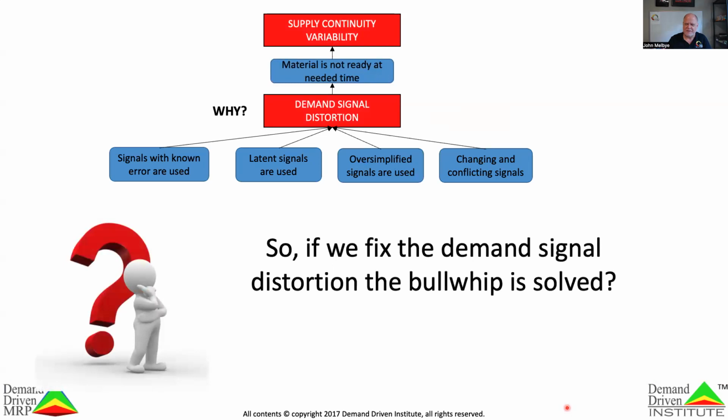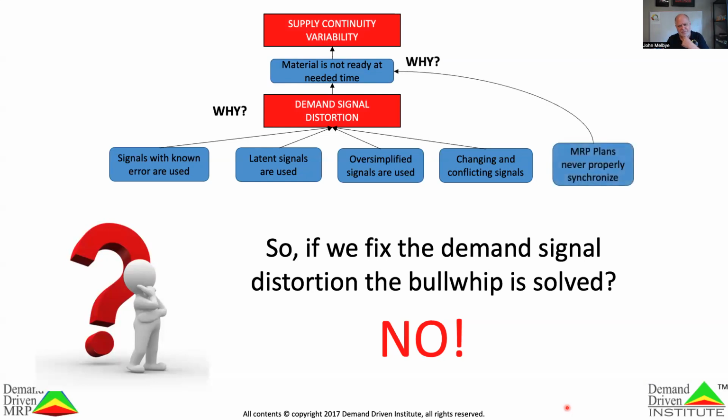So if we fix the demand signal distortion, have we solved the bullwhip? No, we have not, because we still have that supply variability to deal with. And MRP plans will never properly synchronize because we're expecting everything to happen exactly as the plan says. And the longer the time period we have, we know that precise planning is not going to be real.